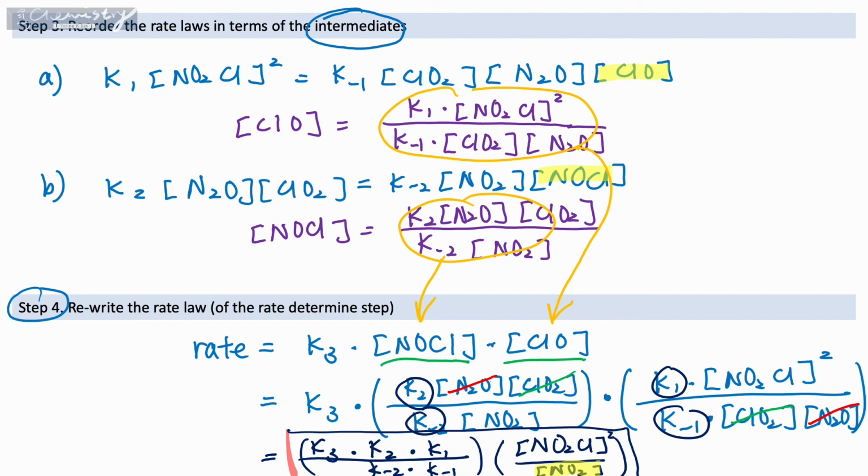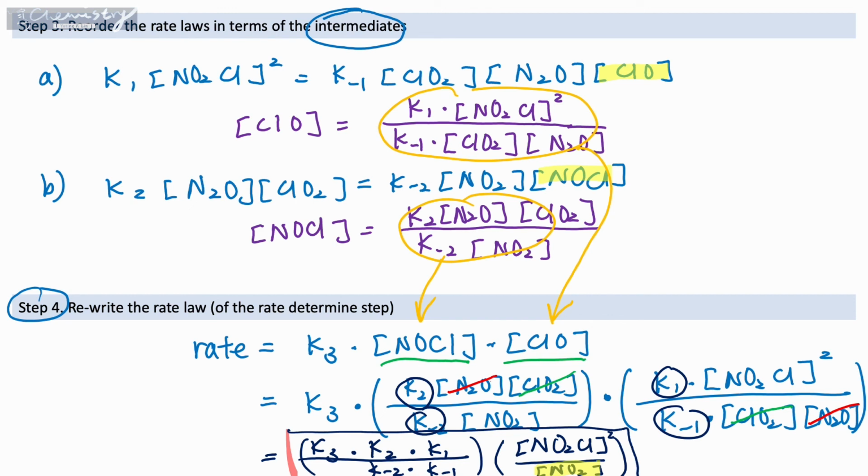So again, it was a long process, but basically the first thing we do is determine the overall reaction by adding everything up. And then we write the rate law for the individual steps. Third, we determine the intermediates by looking at what was crossed out when we were finding the overall equation. And for the next step, we reorder the rate laws that we determined in terms of the intermediates, because we're trying to use them to replace terms in the overall rate law.